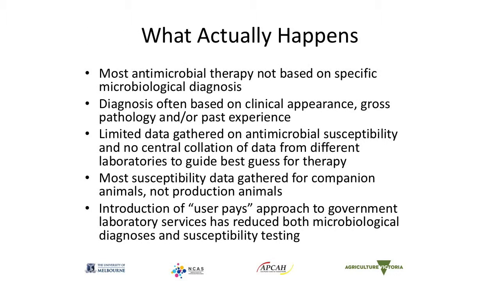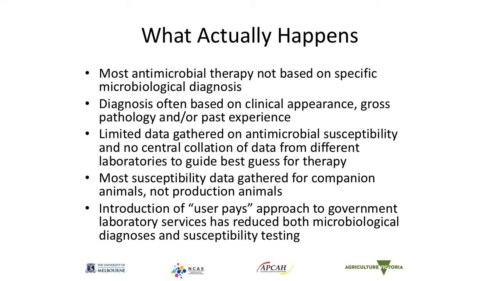So what actually happens in veterinary medicine at the moment? Well, most antimicrobial therapy is not based on specific microbiological diagnoses. The diagnosis is often based on clinical experience, on gross pathology, and or past experience. This results in limited data being gathered on antimicrobial susceptibility of the organisms that we're trying to treat, and unfortunately there's no central collation of the data from different laboratories to guide our best guess for therapy.